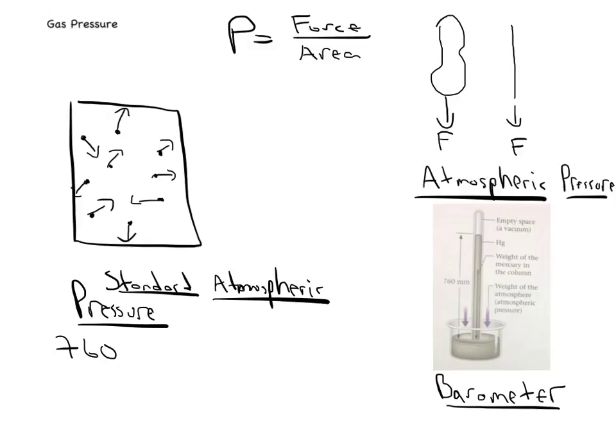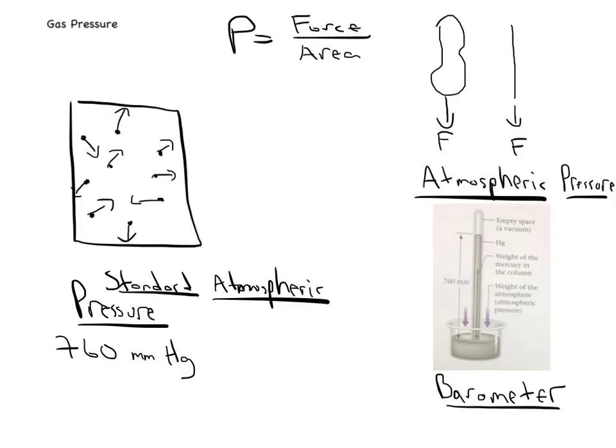Standard atmospheric pressure would be 760 millimeters of mercury. And that means on a normal day, the atmosphere is able to push the mercury up the tube 760 millimeters, or about 3/4 of a meter stick.